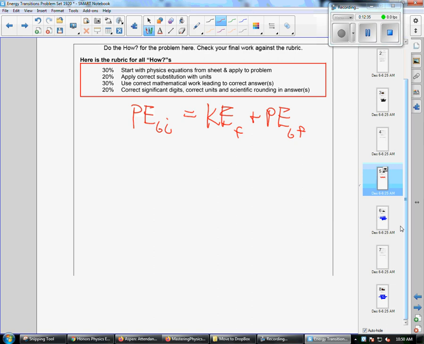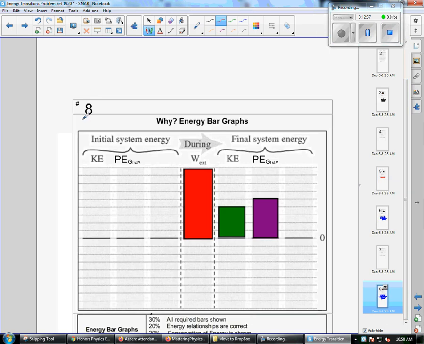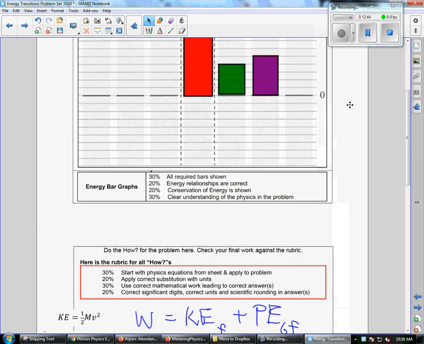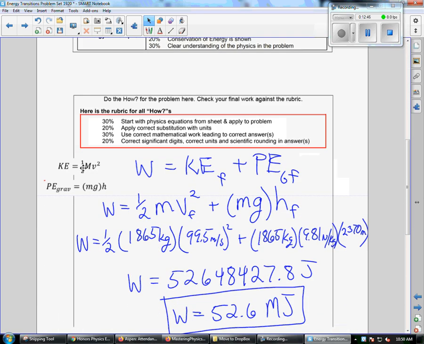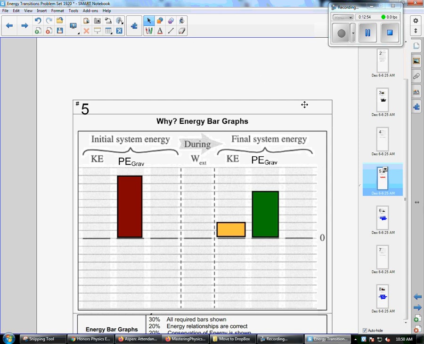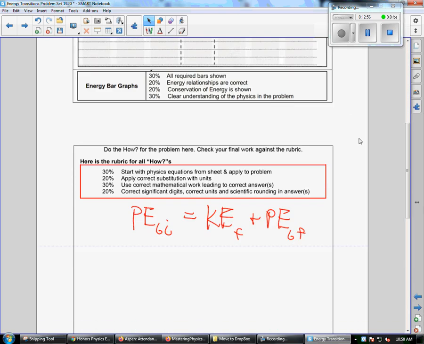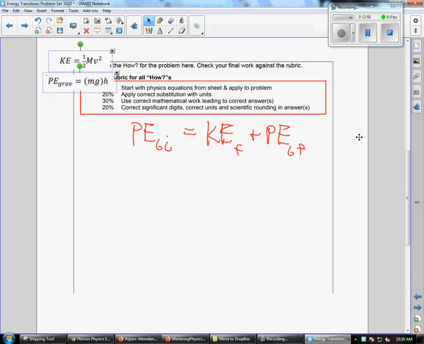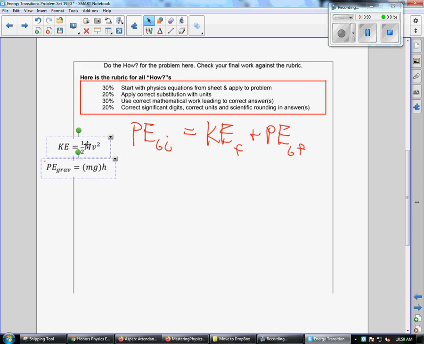I think I'll just go down here and grab them. Put them in here. I have them reserved.